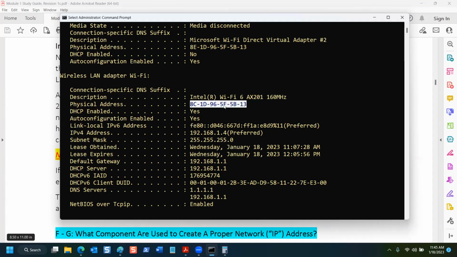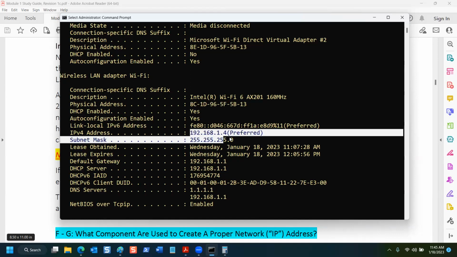That's how hexadecimal works. This is the physical address of my Wi-Fi adapter that's being used right now in this session. And of course, it tells you what kind of Wi-Fi adapter I have. We'll talk about Wi-Fi standards and how Wi-Fi 6 and AX is, ooh, that's so cool. But not if your Wi-Fi routers don't have AX standards built in.